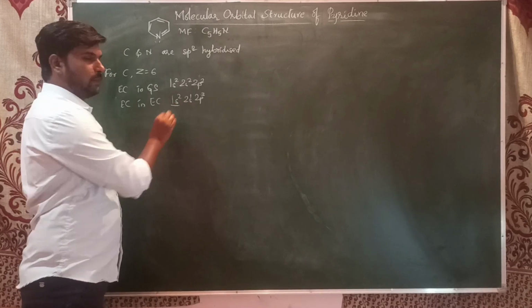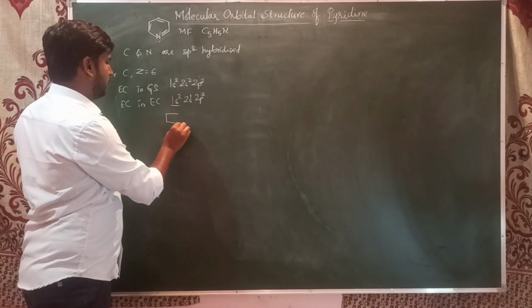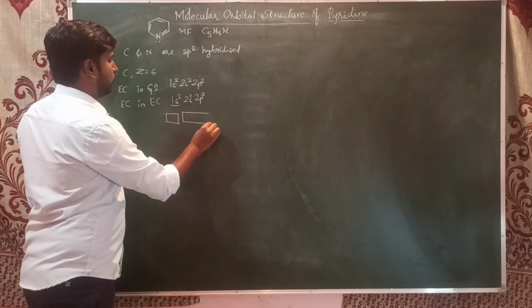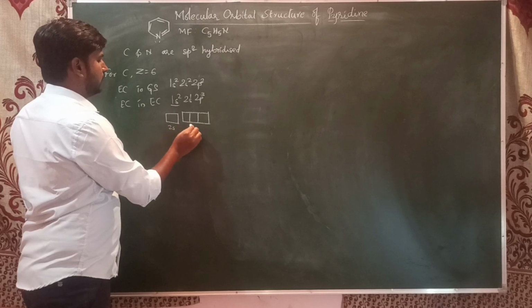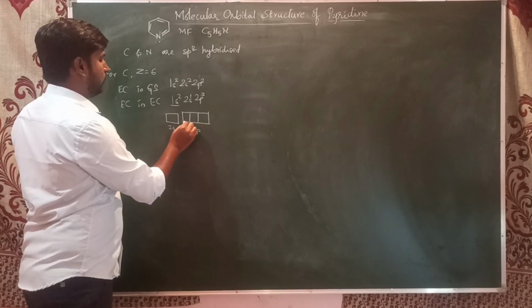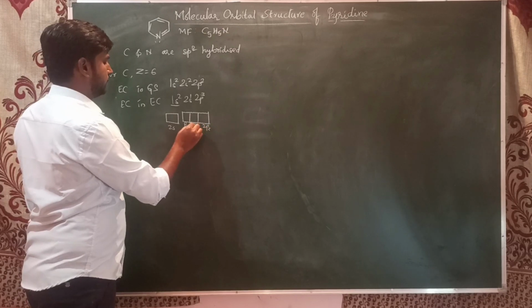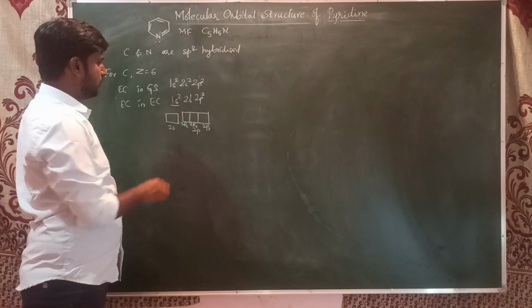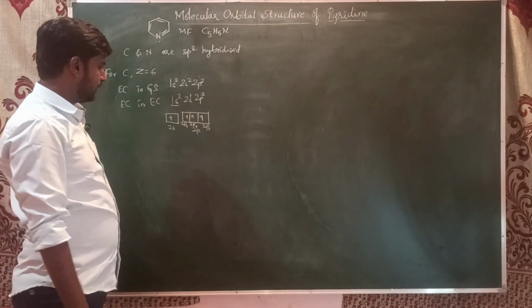As usual, the inner orbital does not involve in hybridization, so we consider the 2s orbital and three 2p orbitals, 2px, 2py, 2pz. Each of them contains an unpaired electron.